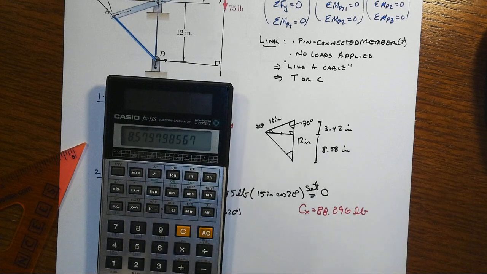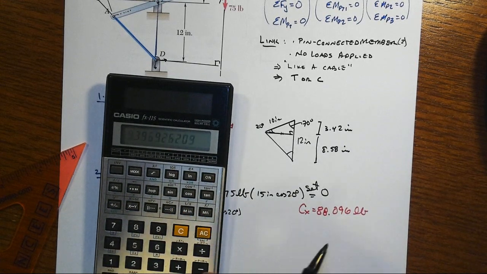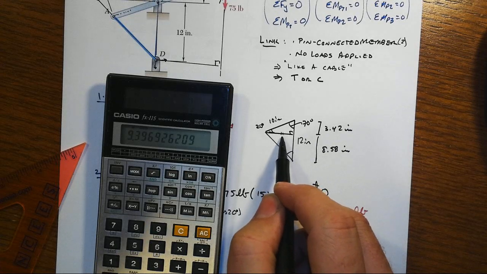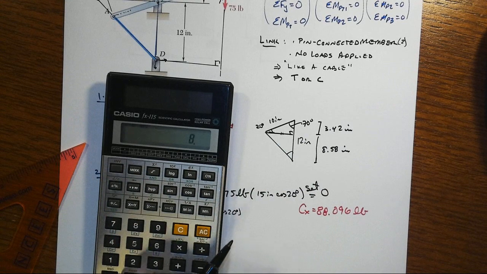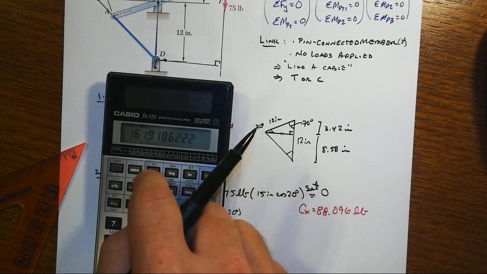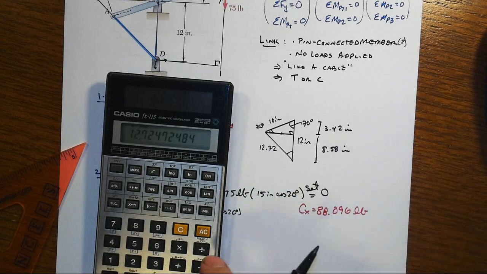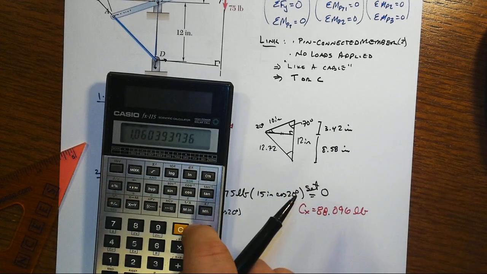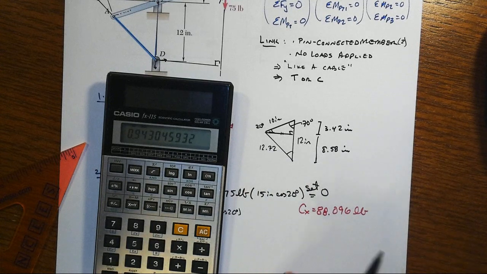And so 10 times cosine 20 would be this, 9.3969, square it, plus the 8.58, square it, radical. So that's 12.72, and that divided by 12 is, I didn't have to do it this way, but I ended up doing it that way.